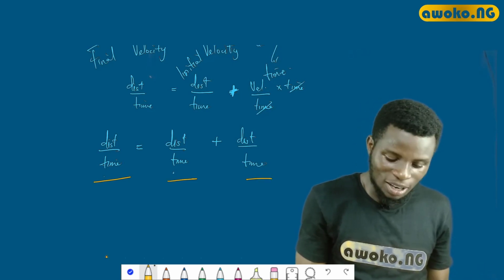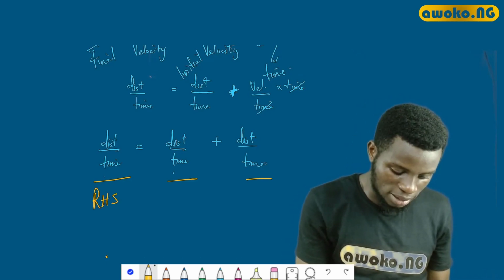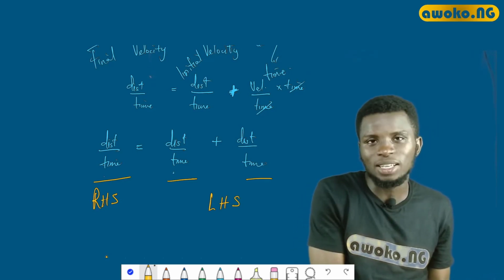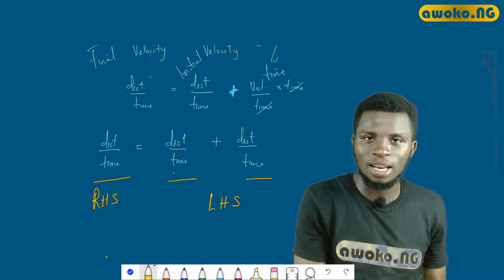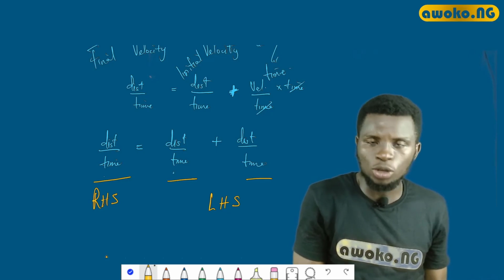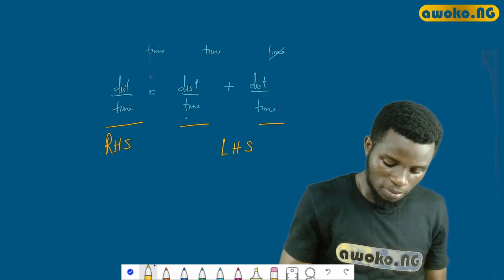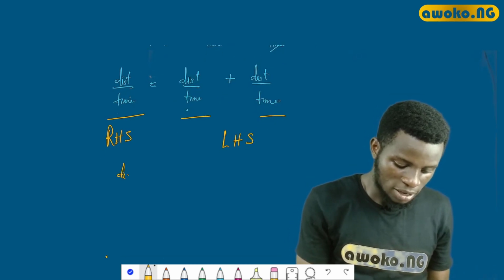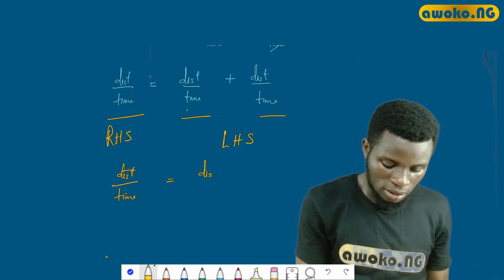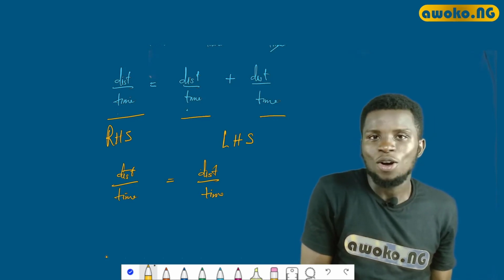Therefore, you have to compare the right hand side and the left hand side. Since the right hand side is equal to the left hand side and we have two quantities in the right hand side, we are just going to pick them as one since they are the same. Do you understand? So we have distance over time equals distance over time. So by definition, they are correct.